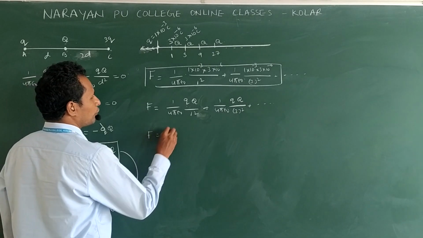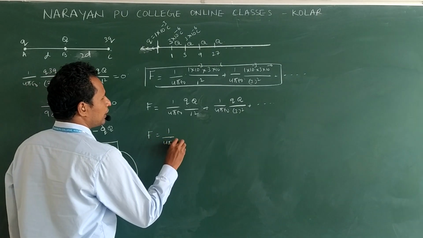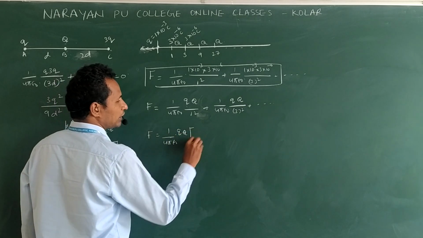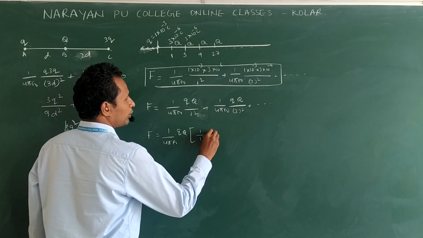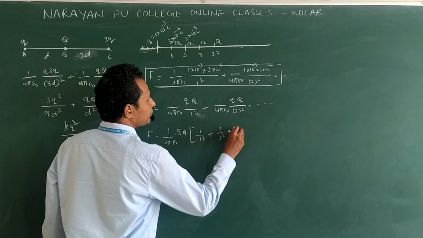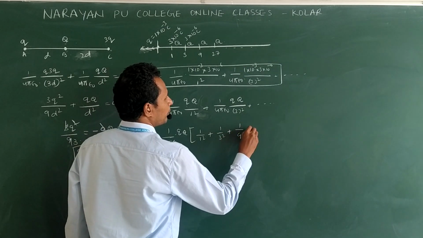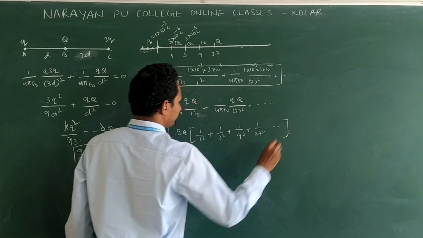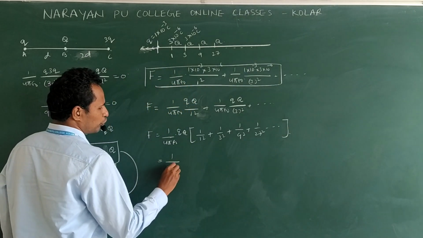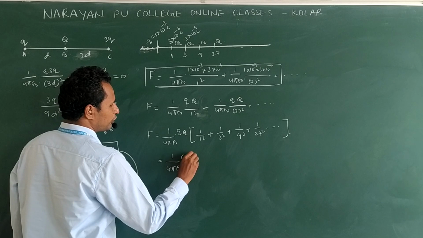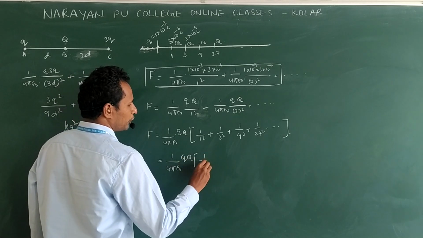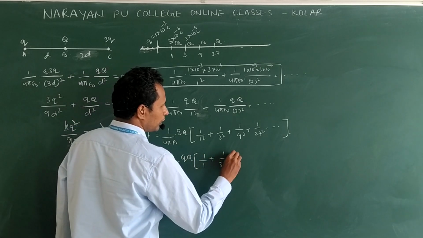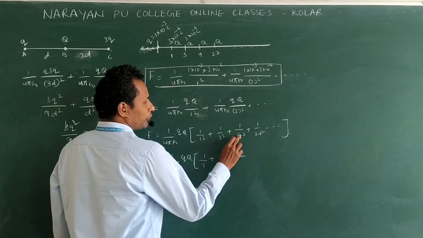Then F is equal to 1 by 4 pi epsilon naught small q capital Q, take it common: 1 by 1 square plus 1 by 3 square plus 1 by 9 square plus 1 by 27 square, and so on.